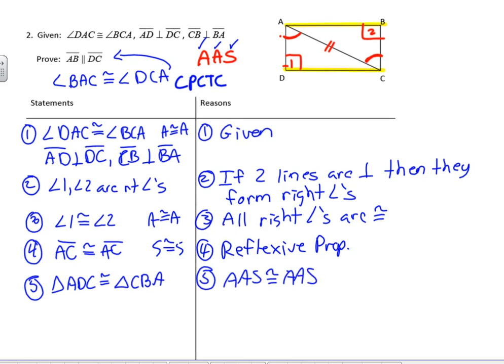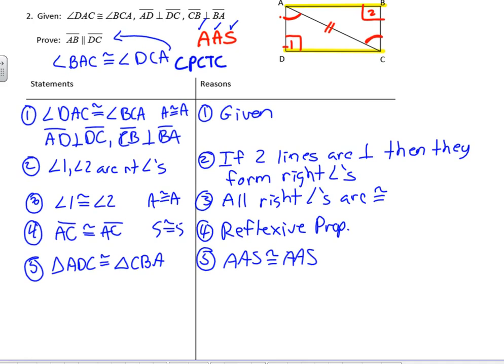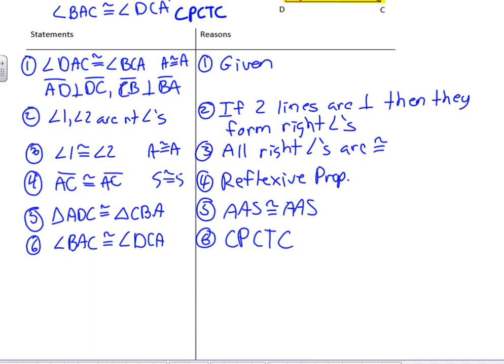Okay, now that the triangles are congruent, we can say that their parts are congruent. So angle BAC is congruent to angle DCA, and I'll mark them up here. Now I didn't want to put this earlier, but it's those ones and those ones. I didn't want to mark that earlier because that's not a given, so I didn't want to confuse that. And that's corresponding parts of congruent triangles are congruent, or CPCTC.